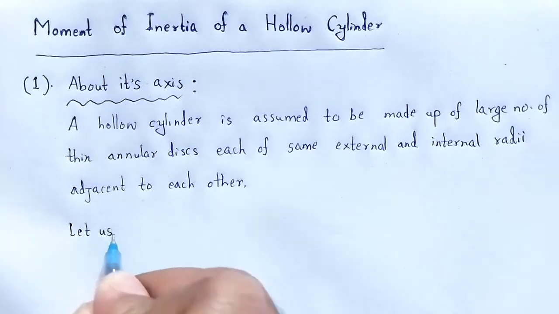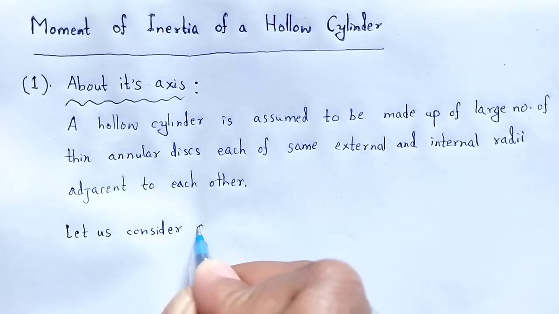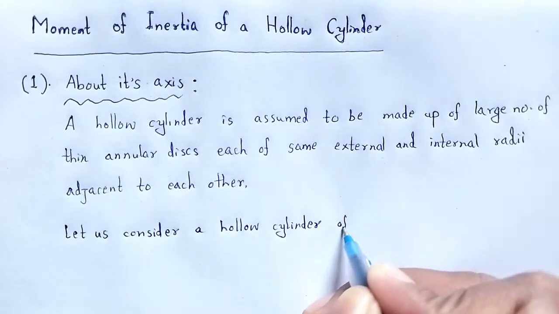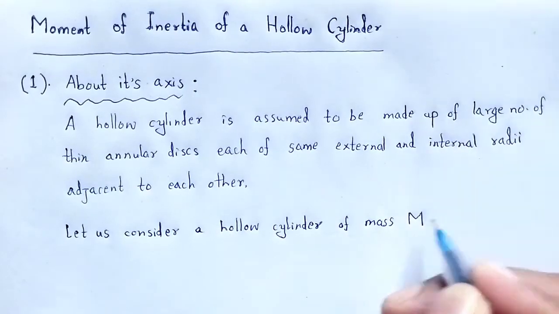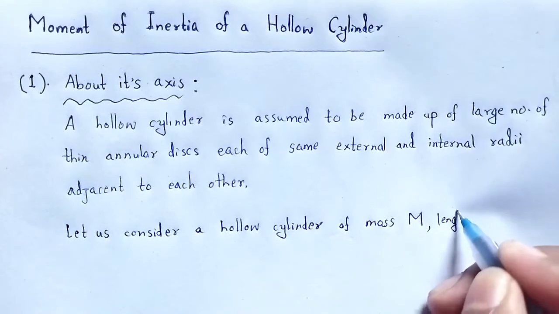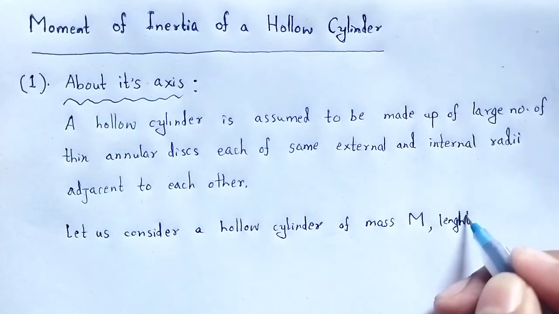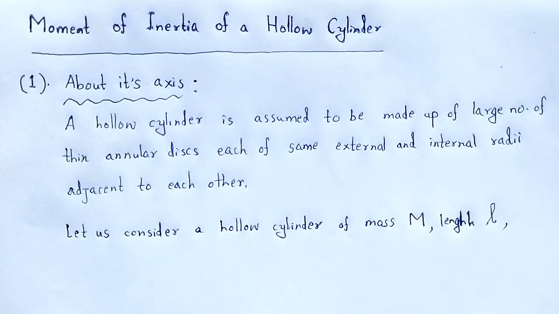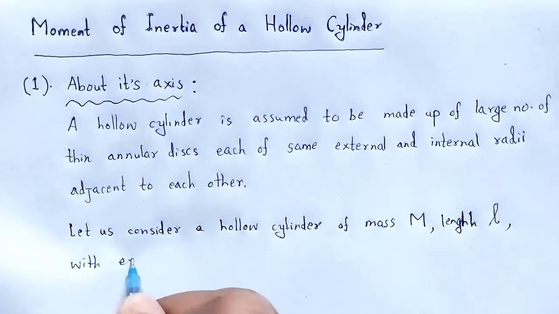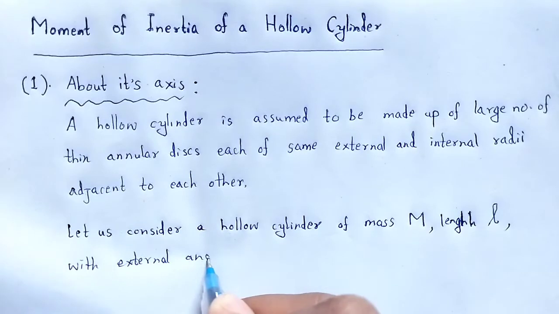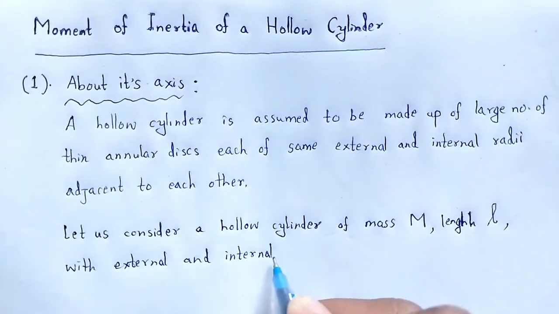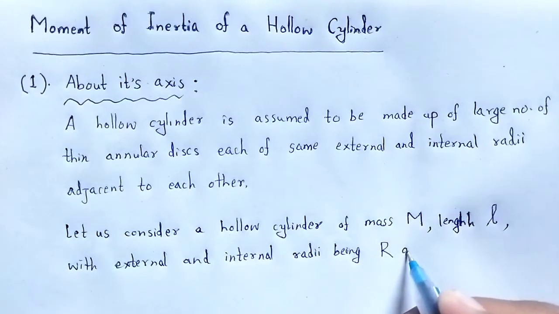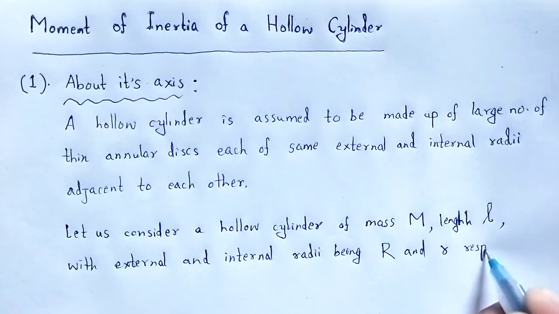Let us consider a hollow cylinder of mass m, length L, with external and internal radii being capital R and small r respectively.